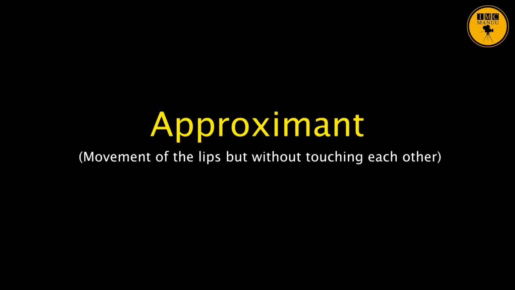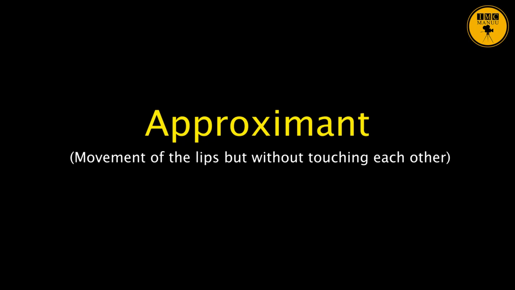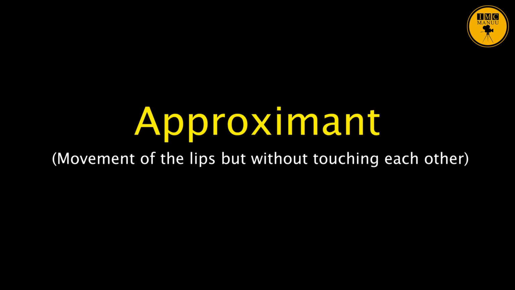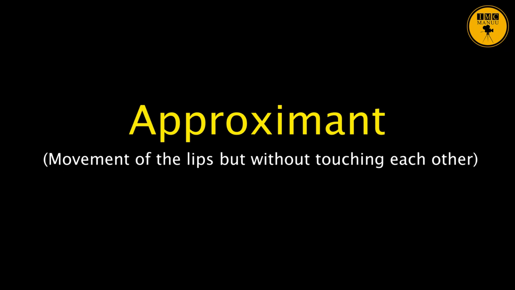If you are comfortable, we now move to the sixth and the last manner of articulation. This is an approximant. If you remember, just a little while ago, I told you there is only one lateral in English, that is L. Approximants are also limited. There are only three. Under an approximant, the lips make a movement, but they do not touch each other.